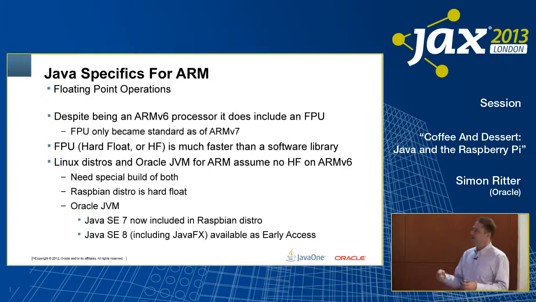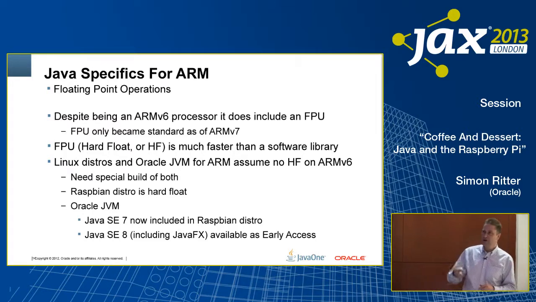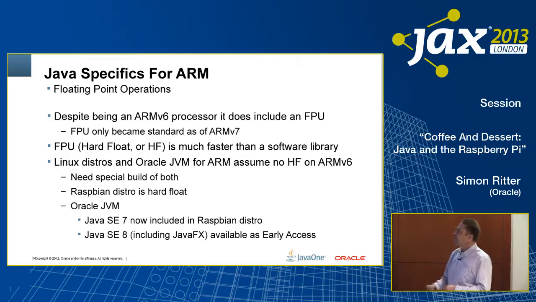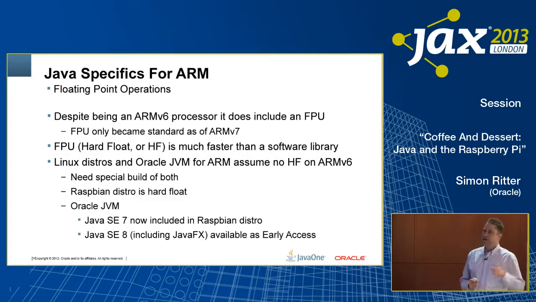What that meant for us was that we had to recompile everything to make sure that we used the floating point processor to get the best possible performance out of it. And certainly if you do anything graphics oriented, you do notice the difference between hard and soft floating point. It took them a while to get the Linux distro to use the hard floating point, but that was fixed probably about 6 to 8 months ago now.